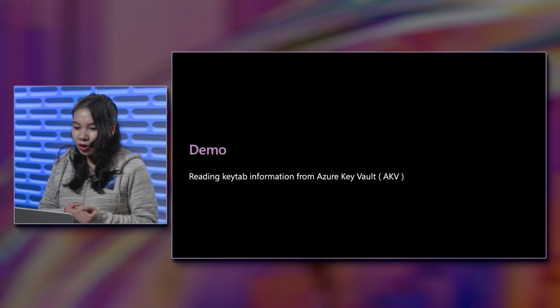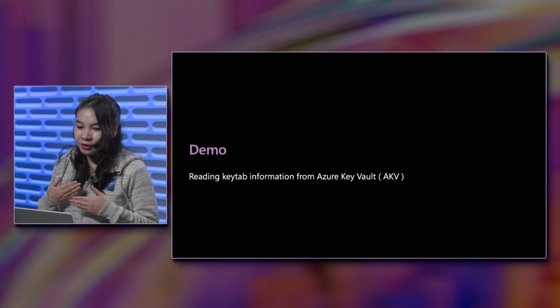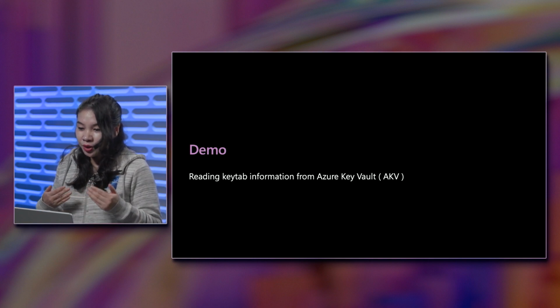From the above demo, we know the importance of the Keytab file. It is security-sensitive information, so you might think of securing Keytab information using a vault solution, such as Azure Key Vault, or any third-party vault solutions, such as HashiCorp Vault. Here, we'll have a look at a demo about how to read Keytab information from Azure Key Vault.